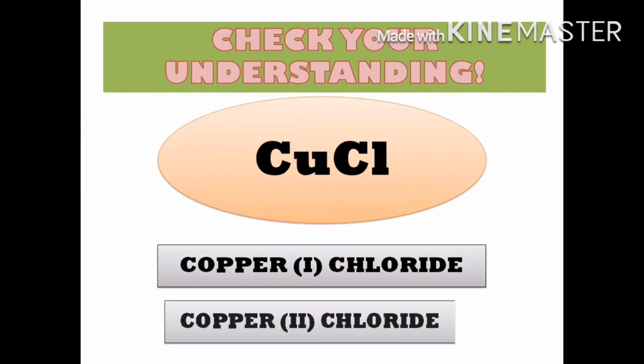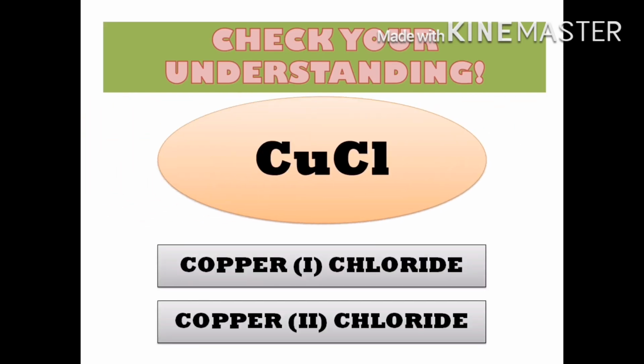Let us now check your understanding. Which of the following do you think is the correct name of this formula? CuCl. And if you answered copper 1 chloride, well done!